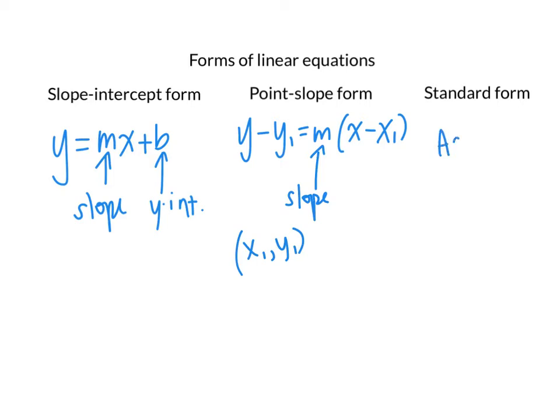Standard form is ax plus by is equal to c. Okay? And just a quick reminder, the only things that I'm going to change out are m, b, y1, x1, and m. And a, b, and c. The x and y should always stay in there. Your equation should always have your x or y.